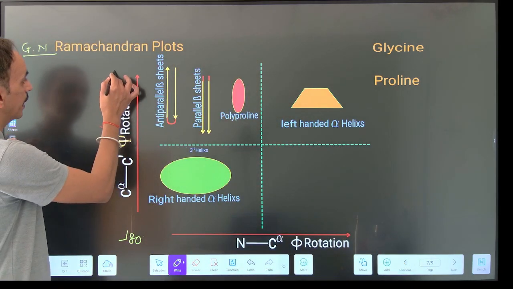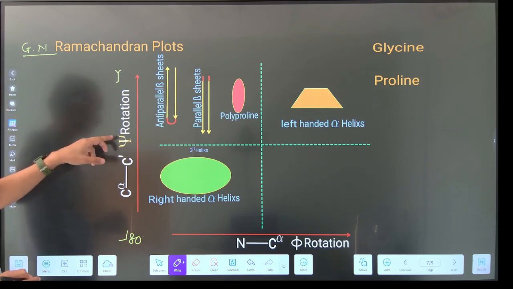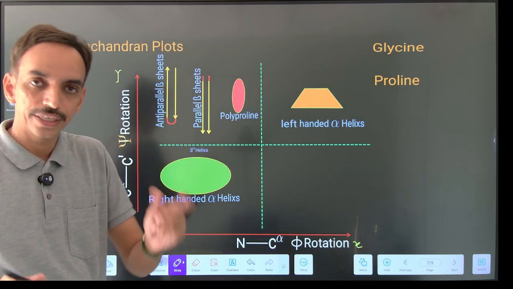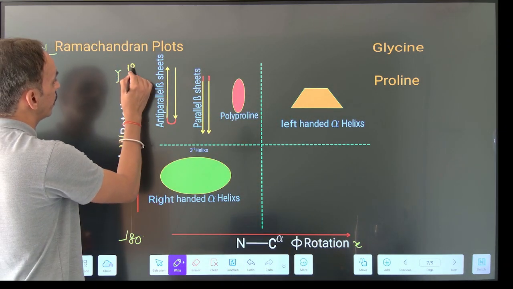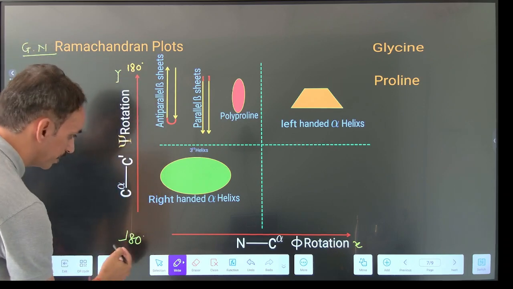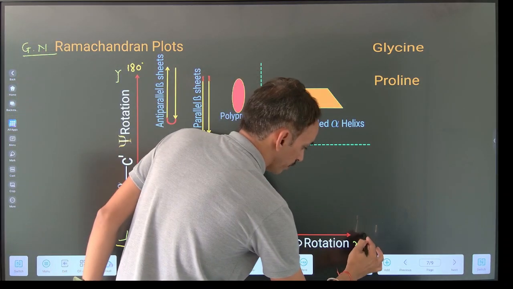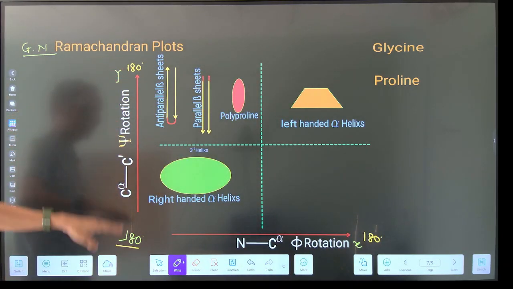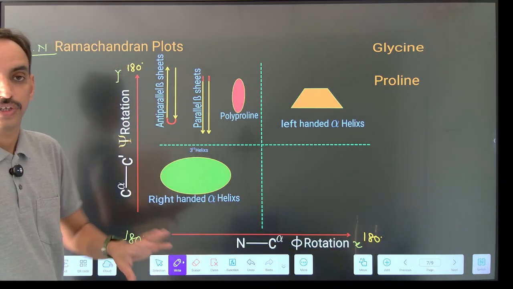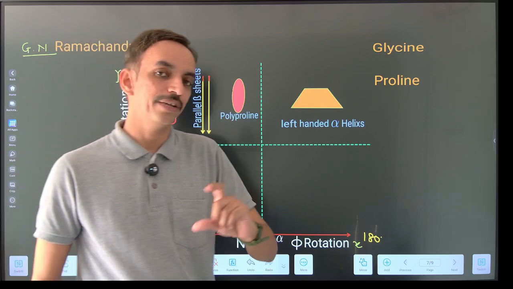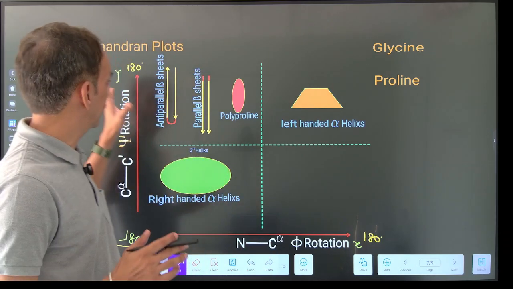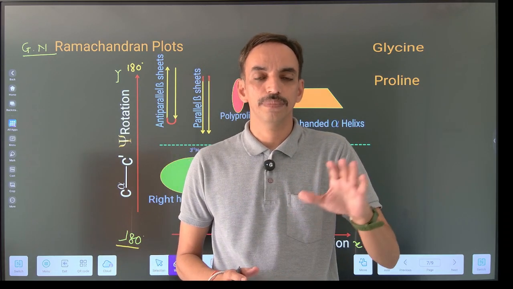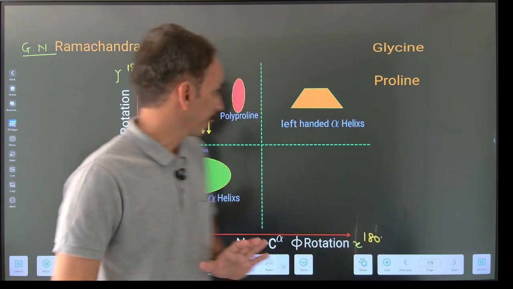So y axis पे अपन ने psi rotation ले लिया, x axis पे अपन ने phi rotation को ले लिया. अब rotation कितना हो सकता है, it can occur from plus 180 to minus 180 in case of phi. इतना रोटेशन हो सकता है. अब कितना रोटेशन होगा, it depends upon the R chain of the amino acid. यही साइंटिस्ट रामाचंद्रन ने कहा था कि the secondary structure of the protein depends upon the protein primary structure.